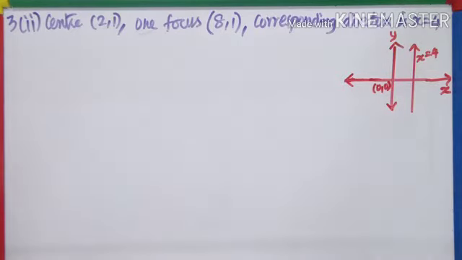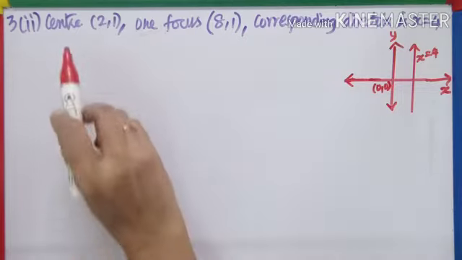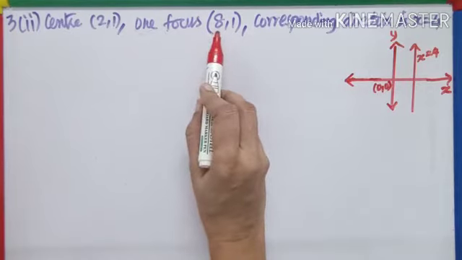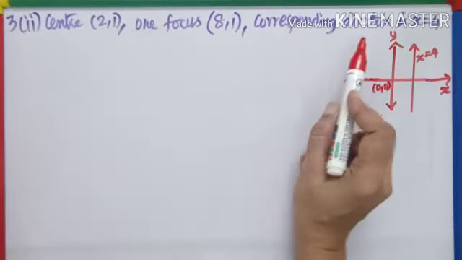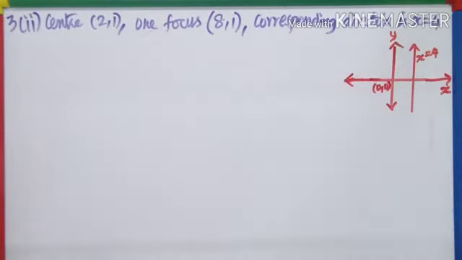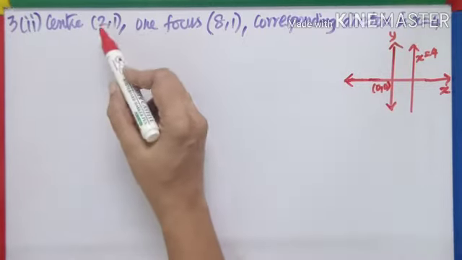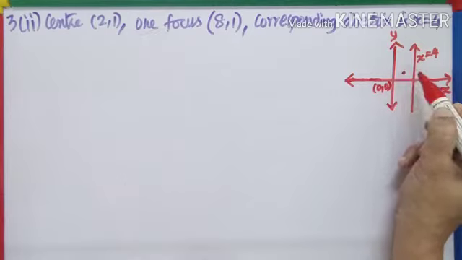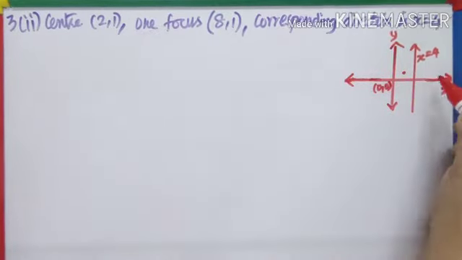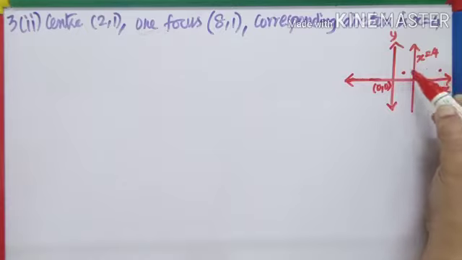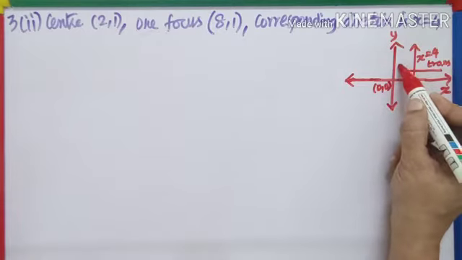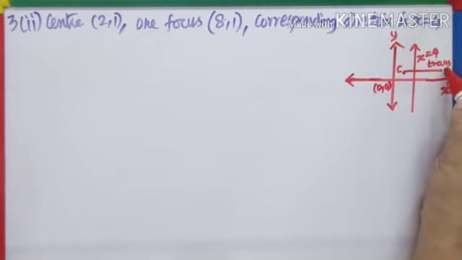Question number 3, subsection 2. Find the equation of hyperbola given the center is 2, 1, one of the foci is 8, 1 and the corresponding directrix is x equal to 4. As we mark the center 2, 1 and the focus 8, 1 and join this, I call it the transverse axis.